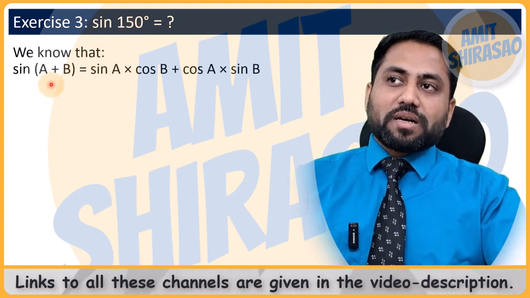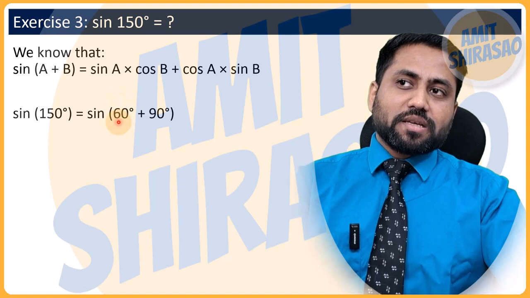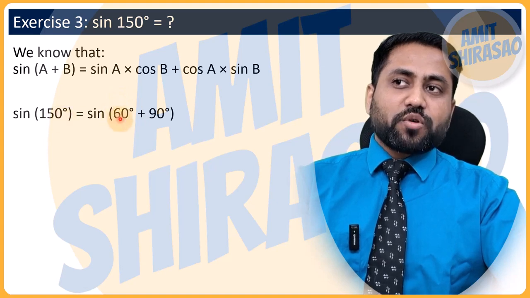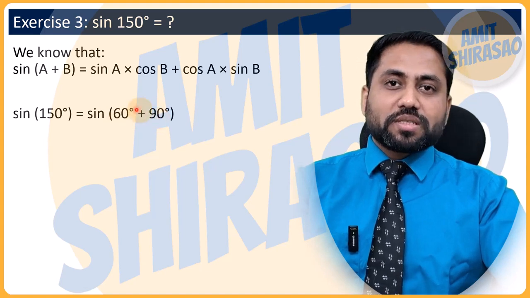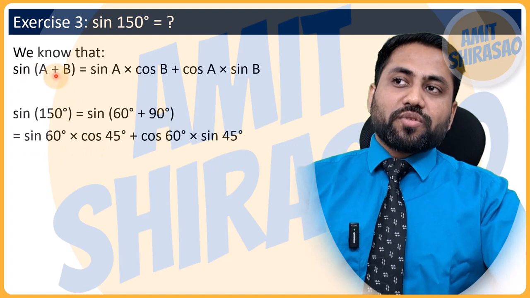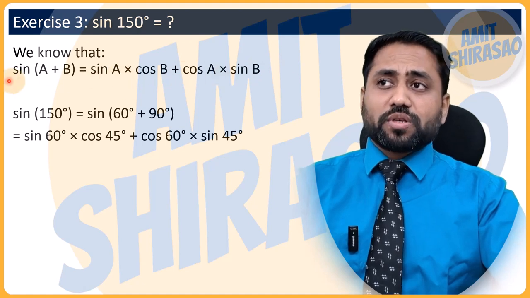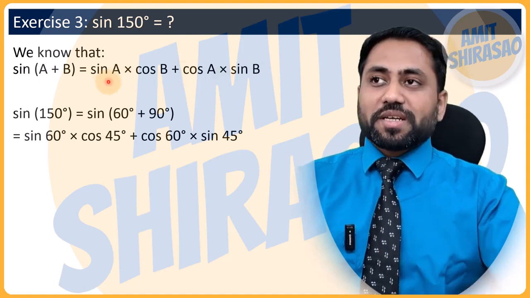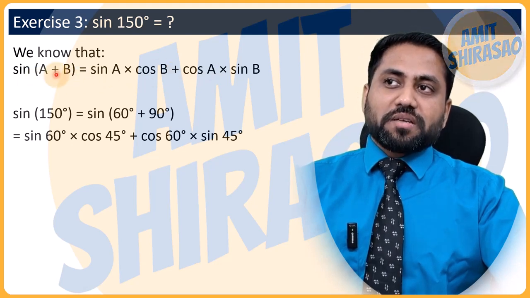So let us write it like this: 50 degrees is what? 60 degrees plus 90 degrees, right? These two are standard angles. And then you know that sine of a plus b is equal to sine a into cos b plus cos a into sine b. This is one more formula I should have mentioned as well. It is a very important formula, remember that.